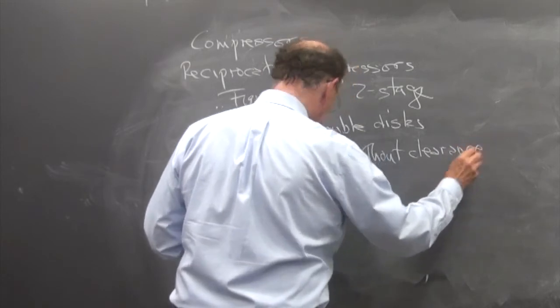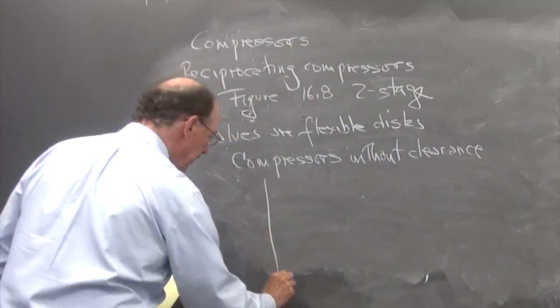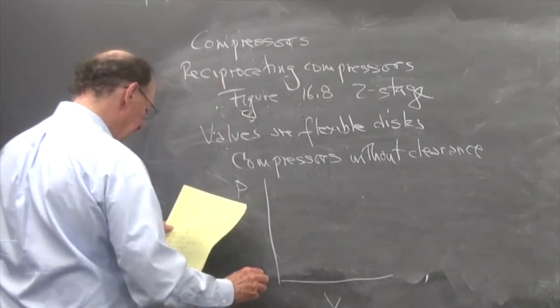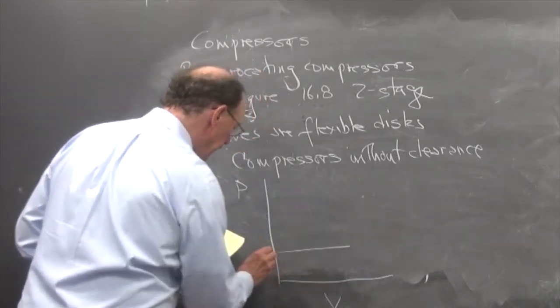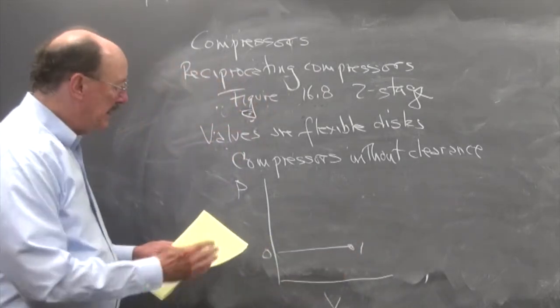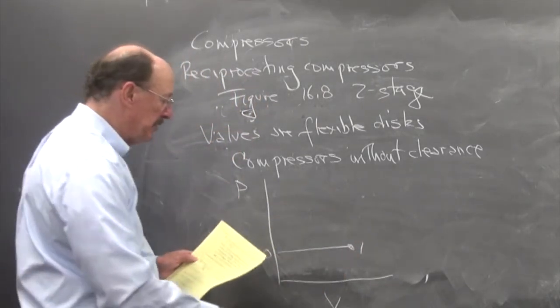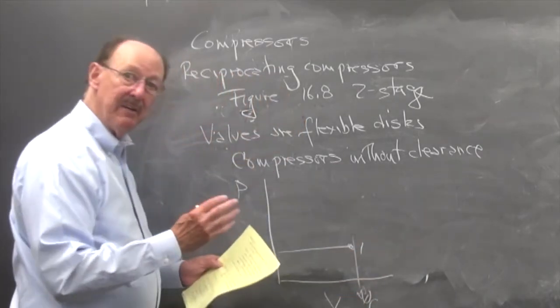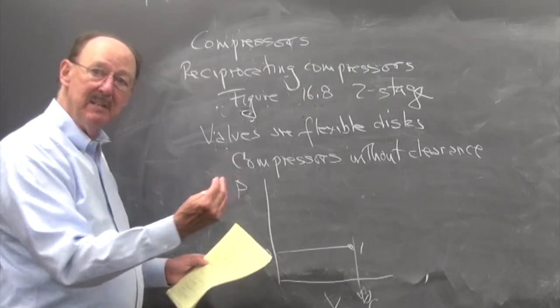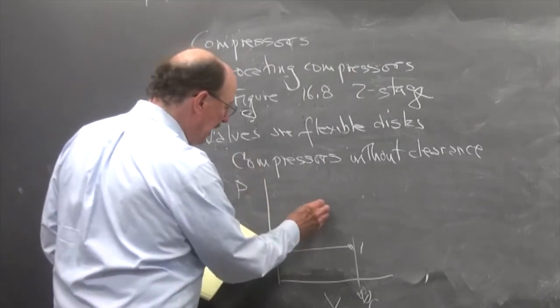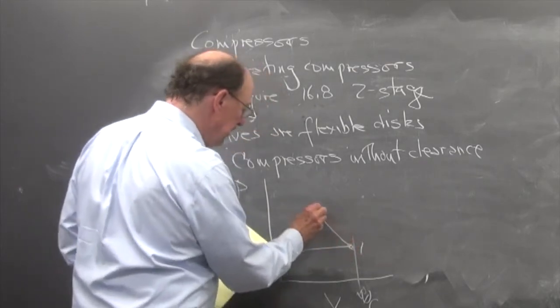In this case, if I had a PV diagram, let this be 0. State 1 is at bottom dead center, BDC, and now it's going to compress the gas, so I could have a compression like this to state 2.